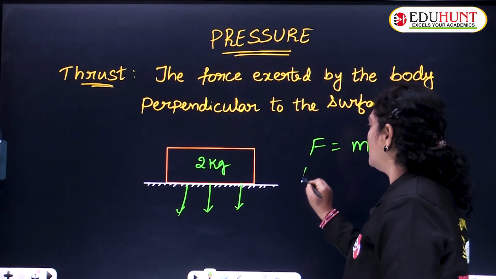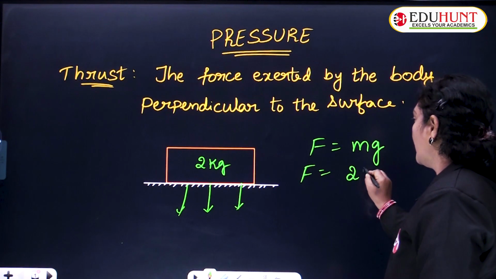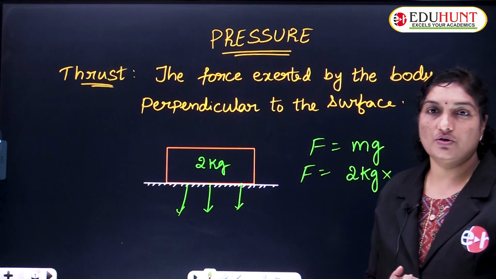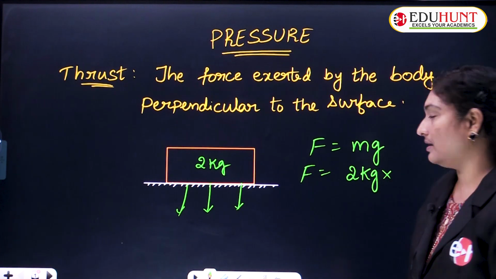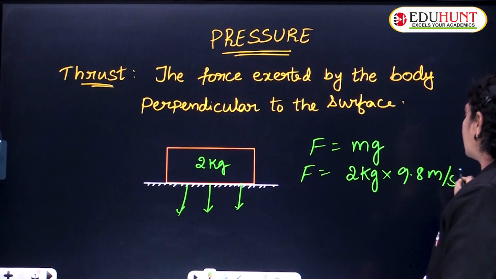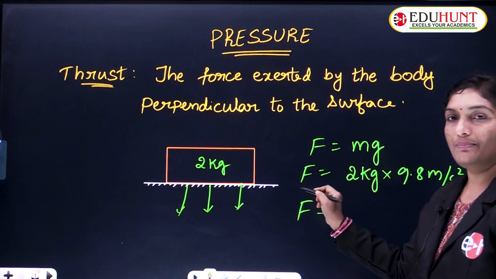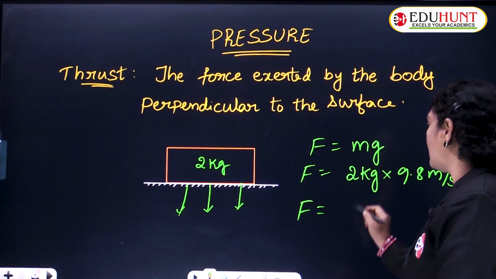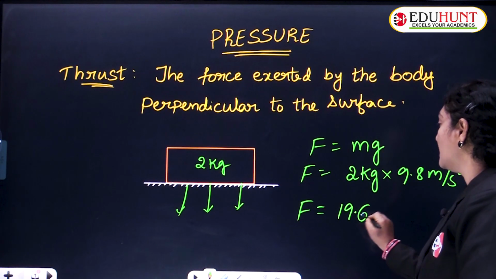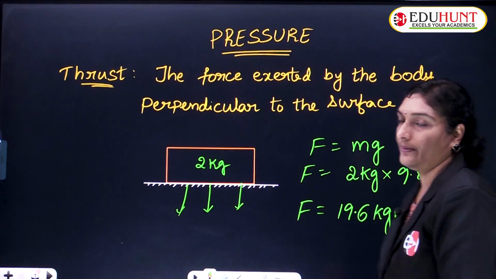As I told you, the mass of the body is 2 kg and g indicates the acceleration due to gravity on the surface of the earth, and its value is taken as 9.8 meter per second square. Hence, the force exerted by the body on the surface in the downward direction is 2 into 9.8, which is 19.6 kg meter per second square.